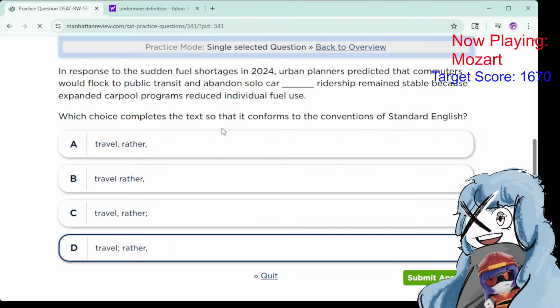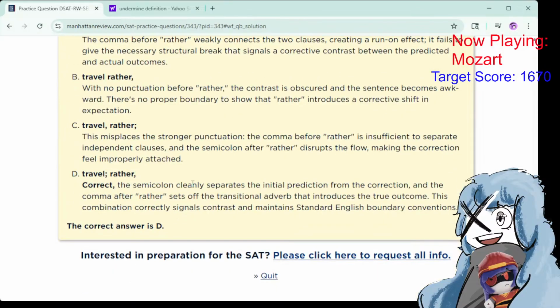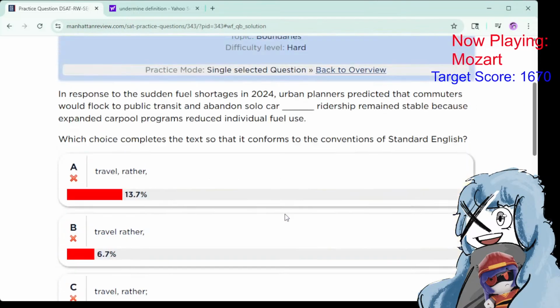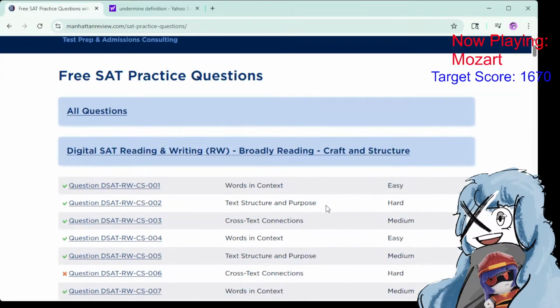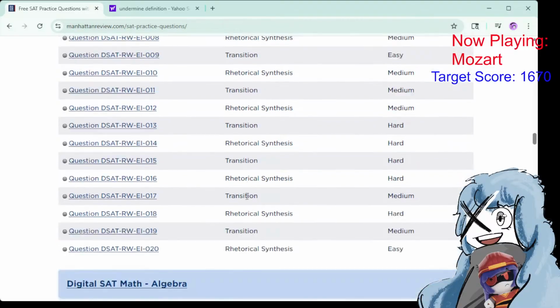I think it's D, but yeah. The semicolon separates the initial prediction from the correction, and the comma sets off the transitional adverb that introduces a new outcome. Combination currently signals. Think more carefully. Think more carefully.